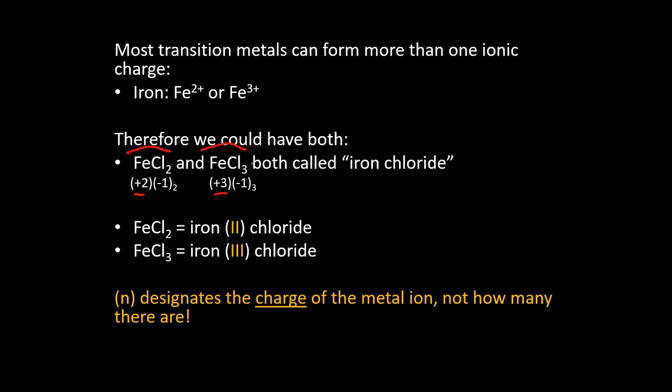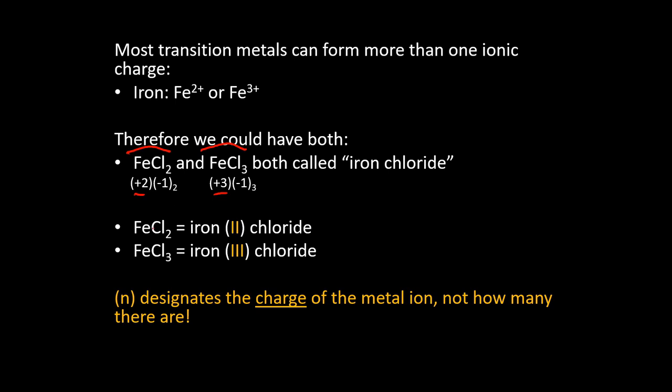This one and this one are different. And so because iron chloride is not good enough, we need to specify which iron we have. We're going to put the charge on the metal in Roman numerals in between the name of the metal and the name of the nonmetal.